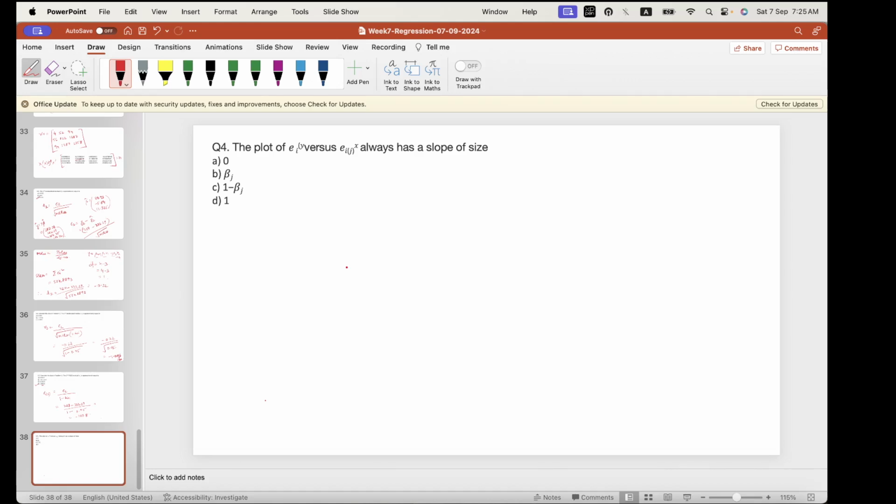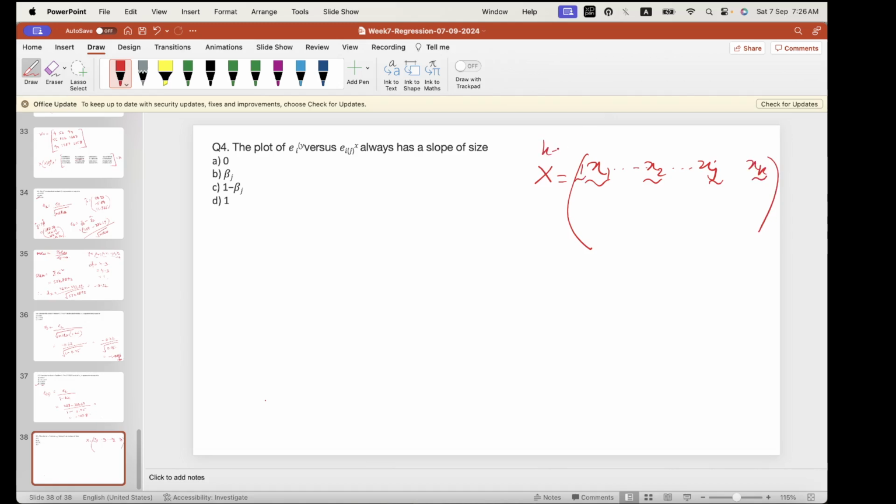The question is: the plot of e_i,y versus e_i,xj always has a slope of what size? Now let us write the X matrix as x1, x2, up to xj, to xk, and a 1 vector.